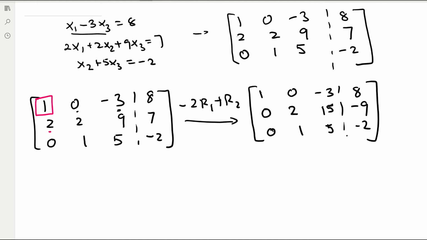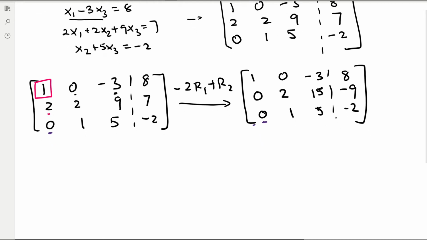Right, now we look at the other end. So we need 0 here also. Now we already have 0, right? So that's convenient. We don't need to worry about that. Okay, so now we go to the second row, because everything under the first leading entry is 0.